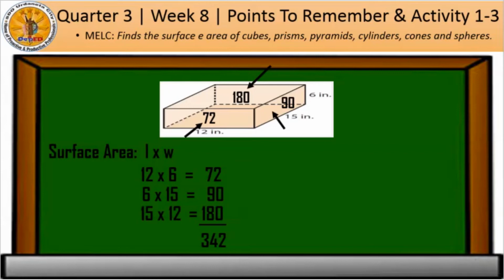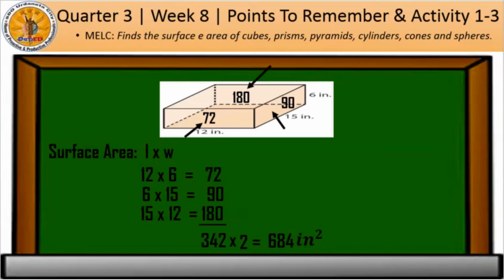Since we know that these sides are equal to their opposite sides, the thing we need to do is to double those areas. So we have 342 multiplied by 2. So the answer will be 684. And the unit of measure of surface area is always in square. So the area of this rectangular prism is 684 square inches.